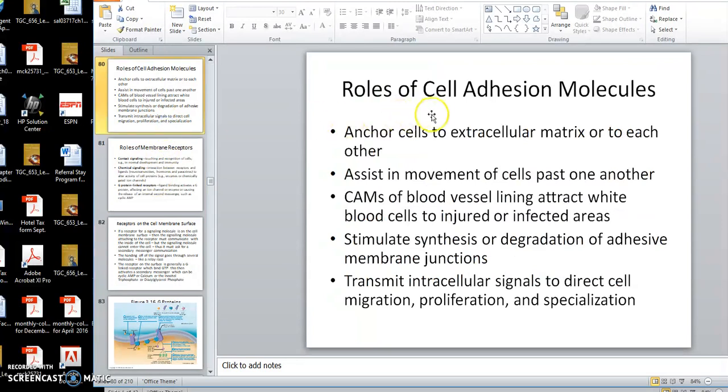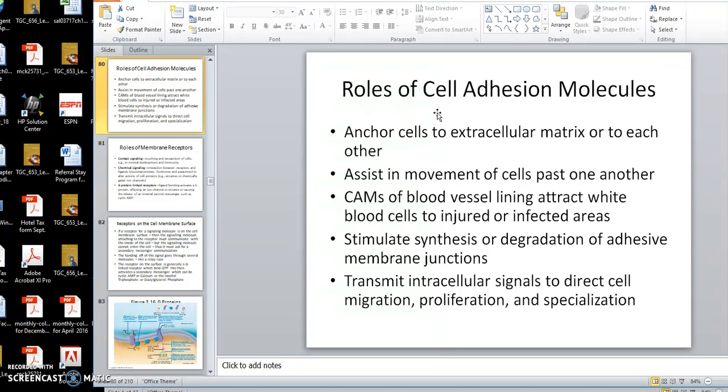Membrane cell adhesion molecules, we'll start with that, are molecules on the outside of the cell. They're called integrins and CAMs. Integrins are special transmembrane or even peripheral proteins that attach cells to the extracellular environment.